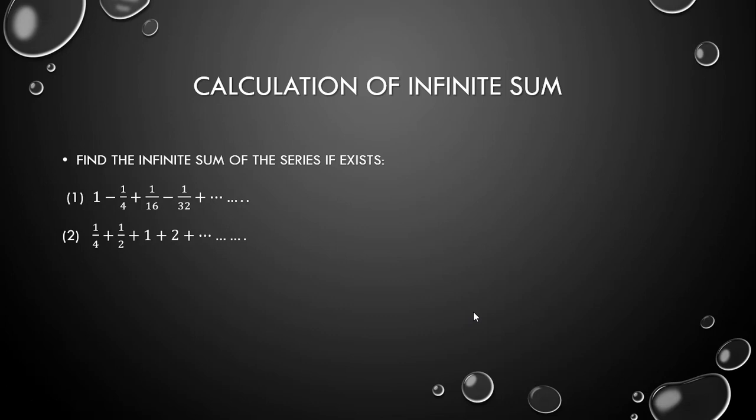Now we are going to calculate some infinite sums of given series. Find the infinite sum of the series if it exists. First, we have to check whether the infinite sum exists or not. Then we have to calculate if it exists.